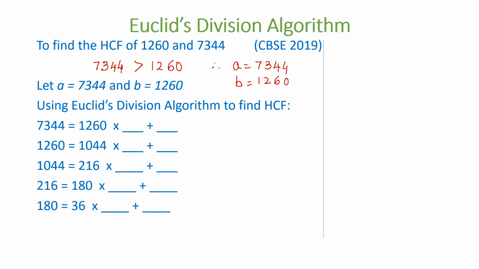So let's start with this sum. We will say over here, this 7344 is being divided by 1260, and when I divide it 5 times, I'll get over here 6300, which is less than 7344, and therefore my remainder comes out to 1044.